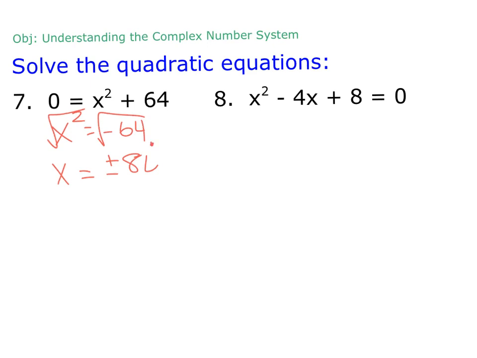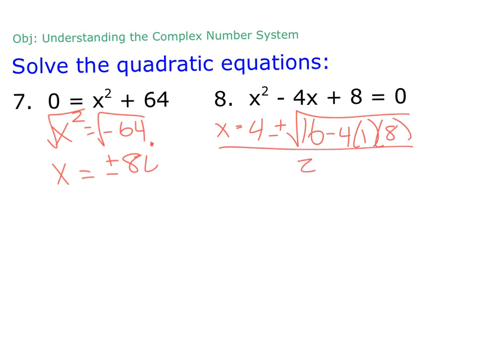Now, we can't factor this, right? So we have to use the quadratic formula. You could also complete the square if you want. It's up to you. I think completing squares is slightly easier, but I'll do the quadratic formula for you. All right, so negative b plus or minus the square root of b squared minus 4ac, all over 2a.